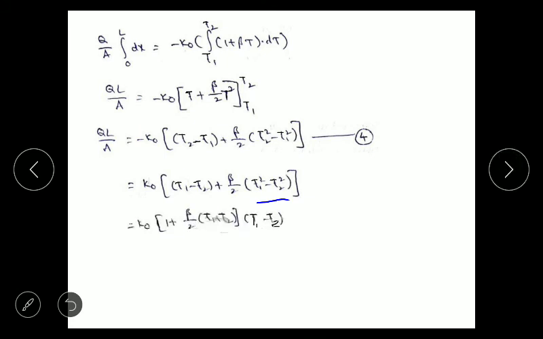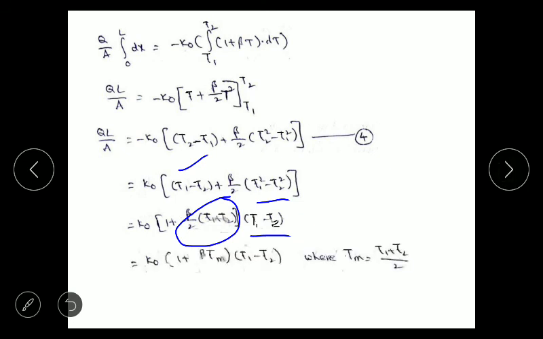From which let us take t1 minus t2 common. The remaining terms are this. Here t1 plus t2 divided by 2 is like the average temperature, which can be indicated with Tm, the mean temperature. So the above equation now becomes K naught into 1 plus beta into Tm into T1 minus T2.